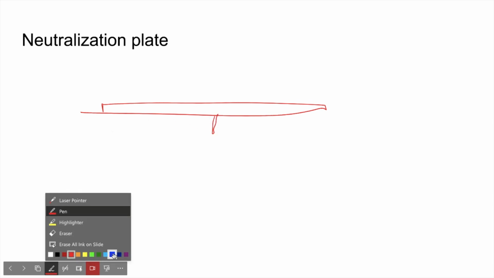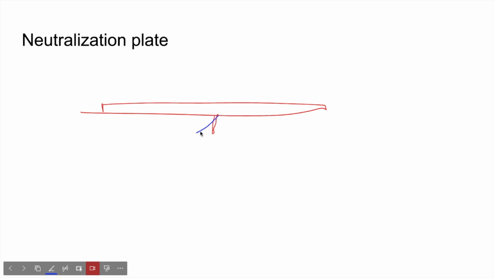Next, coming to the neutralization plate, the same DCP plate can be applied without using the eccentric portion of the screw hole, and this is called a neutralization plate. For example, when you have an oblique fracture and you have applied a lag screw to fix it, this is still subject to some shear or torsional forces.